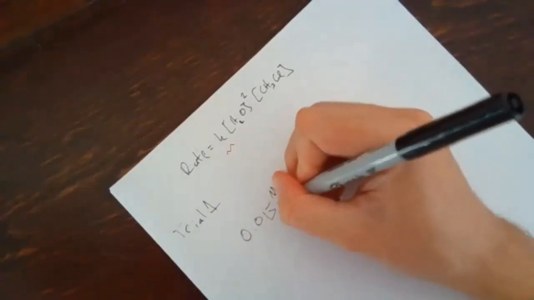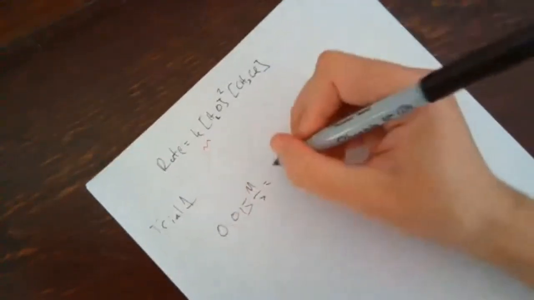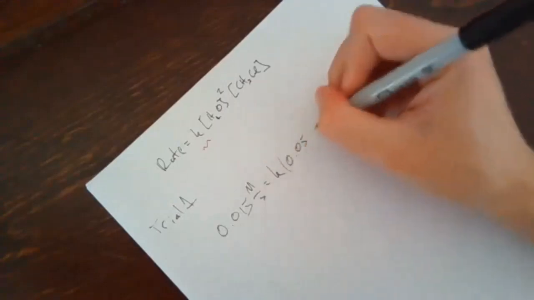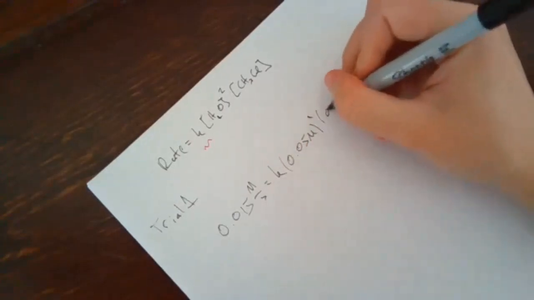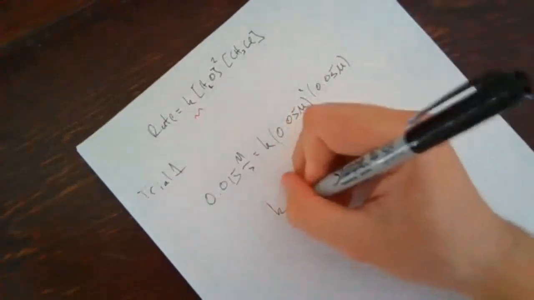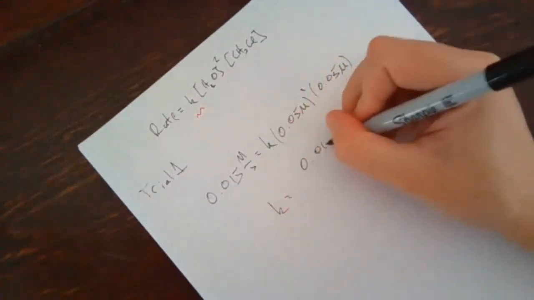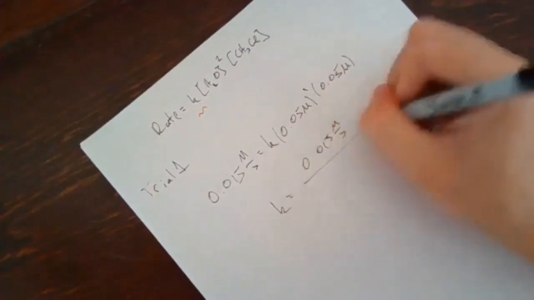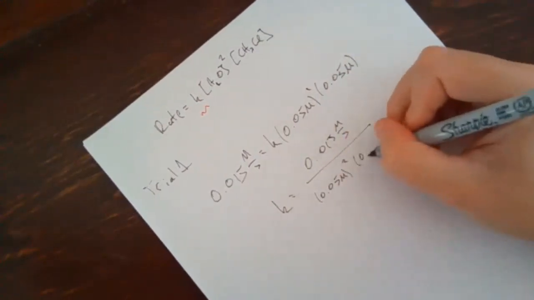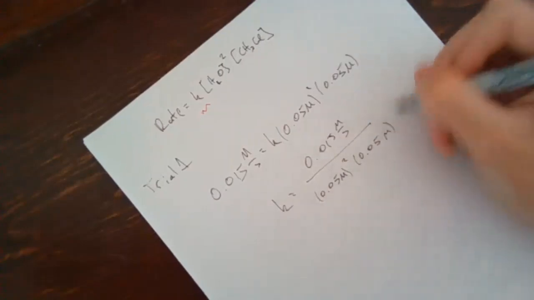Because I made up these values, they work. Any of the trials work. A lot of times what you would do is plug in all 3 of the trials, solve for K, and then average. So K is going to be equal to 0.015 molarity per second divided by 0.05 molar squared, 0.05 molar.